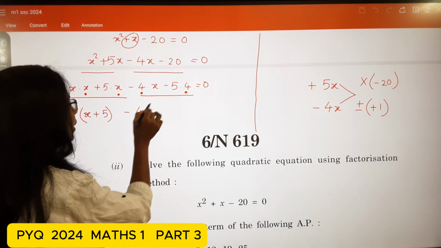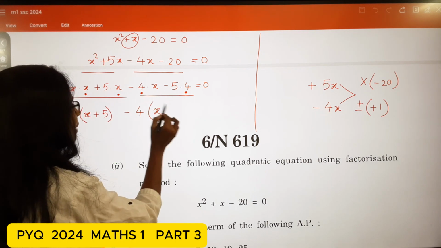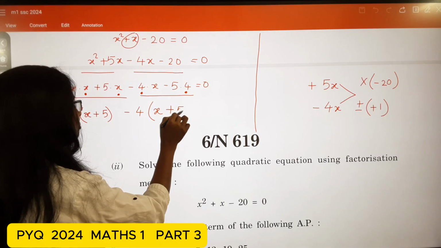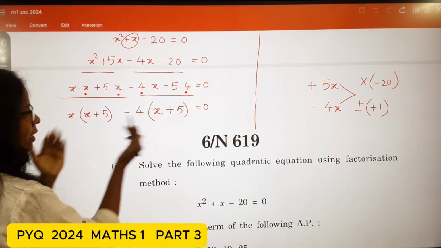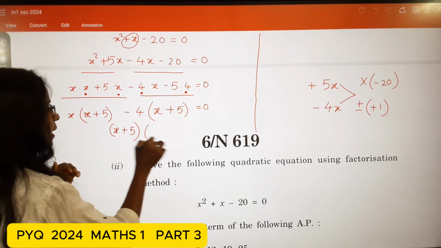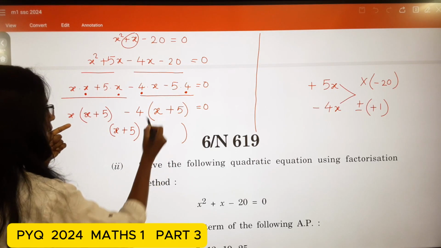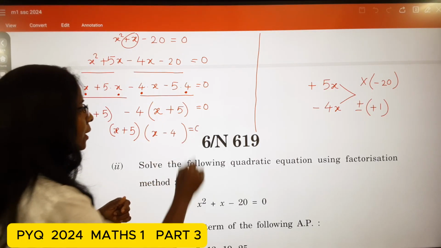So common is 4 in the bracket x, and outside of the bracket there is minus. So here plus, and plus 5 is equal to 0. So now these two brackets are equal. So I write x plus 5 in the first bracket, and the remaining one, x minus 4, is equal to 0 in the other bracket.